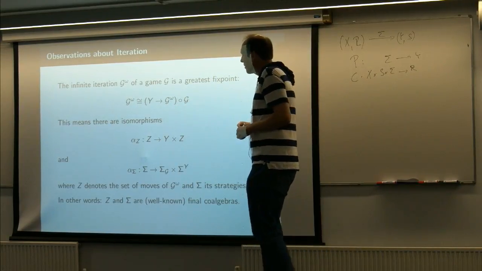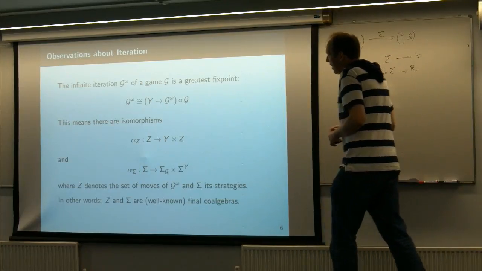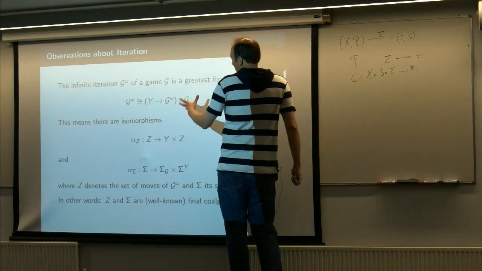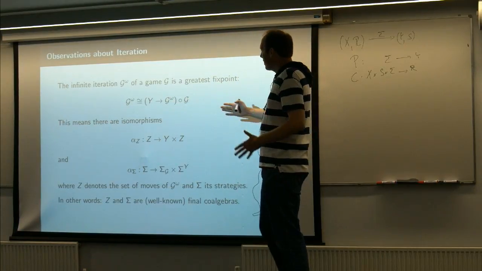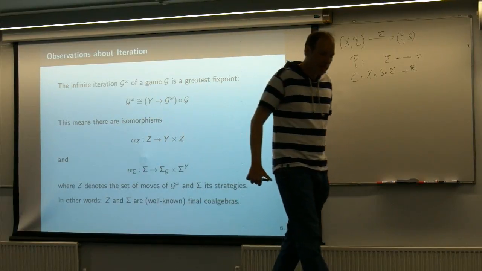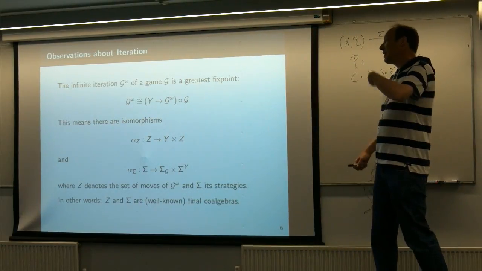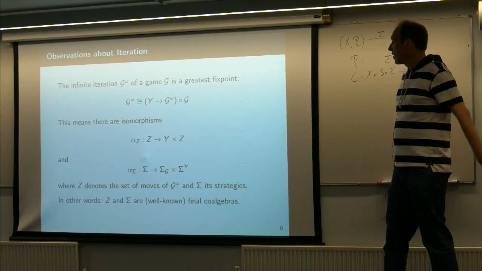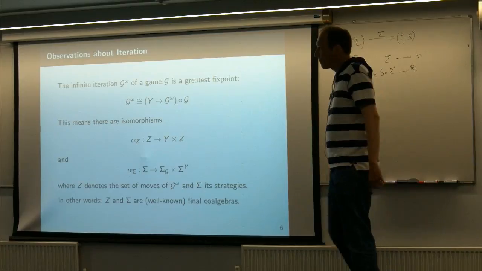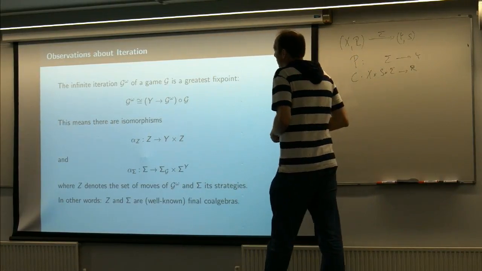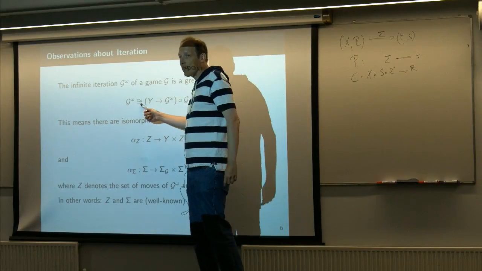That's exactly why we need the construction from the previous slide. We need to be able to glue these two together. Intuitively, this is very natural: the infinite iteration is the same as I play one round, and then I take the result and continue with the infinite iteration. Once we know this, we should also think about what we mean here.